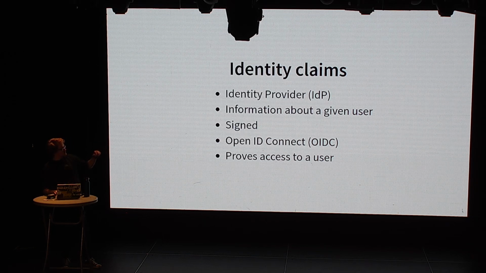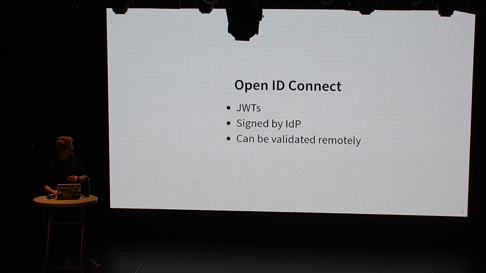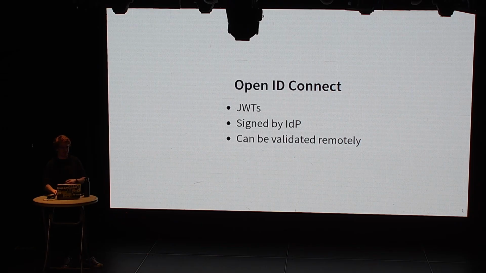An identity provider is called an IDP, and the tokens are signed by the provider itself. OpenID Connect is based on something called JWT, or JSON Web Tokens. They can be validated remotely, which means that we can have a token, pass it around, get the public keys from our provider, and then check that it has been signed.